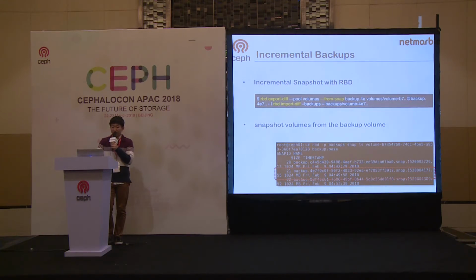This is the command for creating an incremental backup volume through Ceph. This command combines the export and import commands with stdin and stdout. The RBD export-diff command creates a simple binary file that stores some information like the original snapshot name and the ending snapshot name, the size of the image at the ending snapshot, and the diff between snapshots.